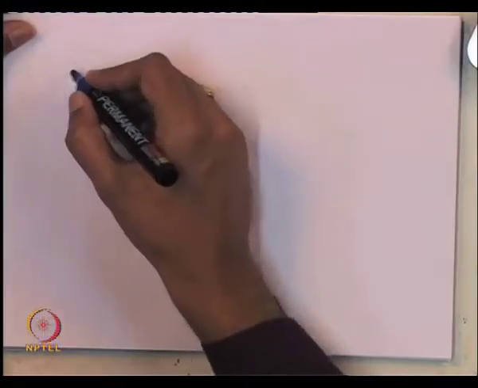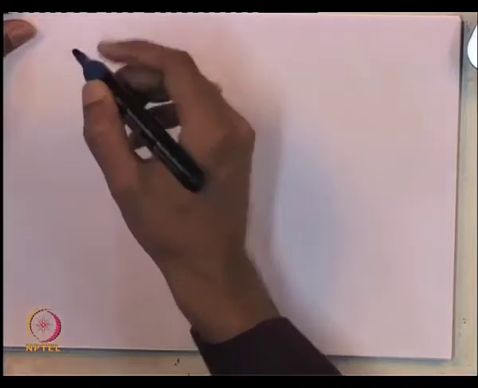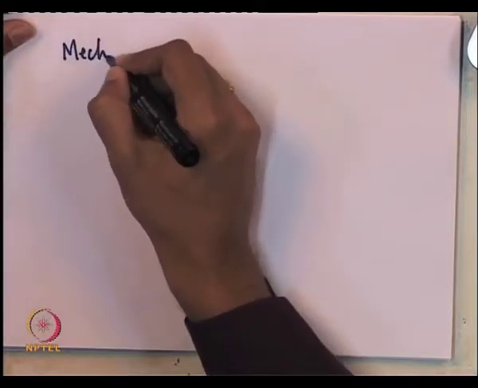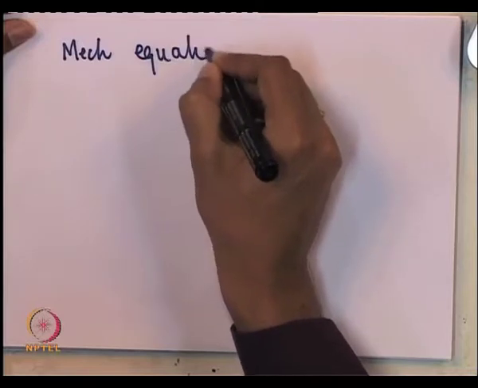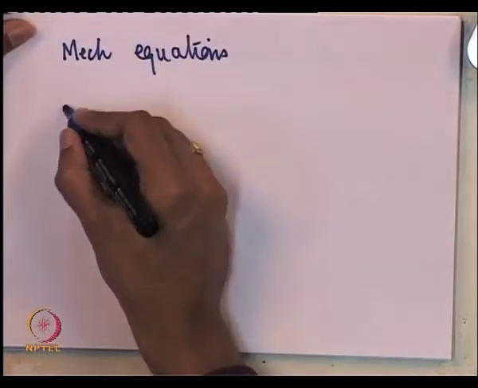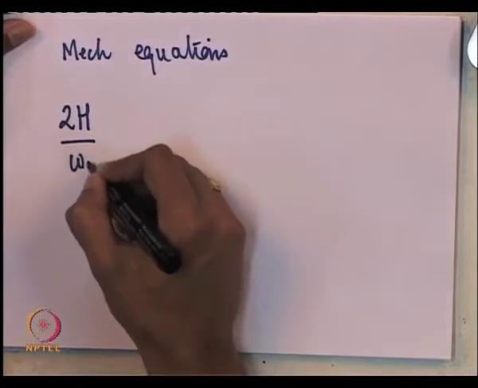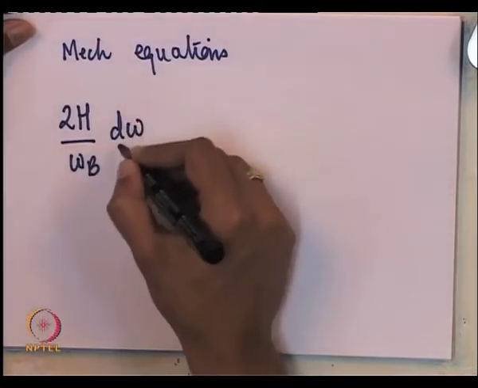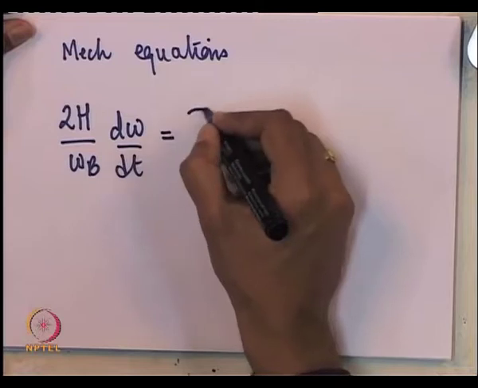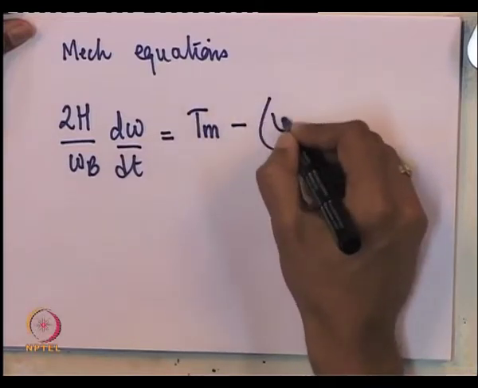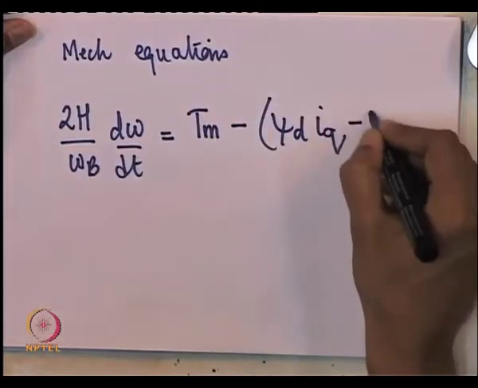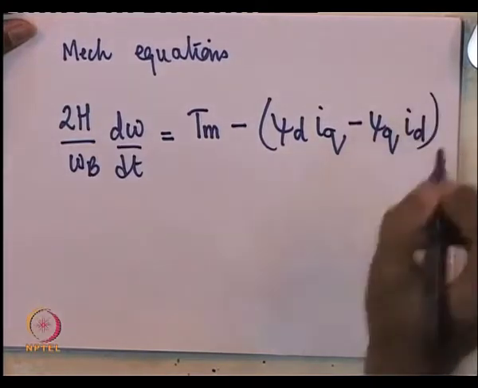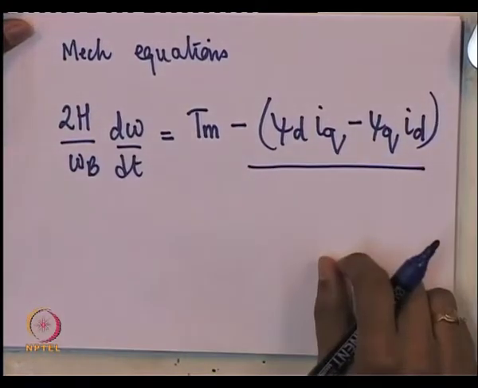So, the basic idea is, suppose you are operating at a particular equilibrium point. Okay. So, for example, if you look at the mechanical equations, 2 H by omega b d omega by dt is equal to T m minus psi d I q minus psi q I d. Now, if you look at this, this is a nonlinear equation.